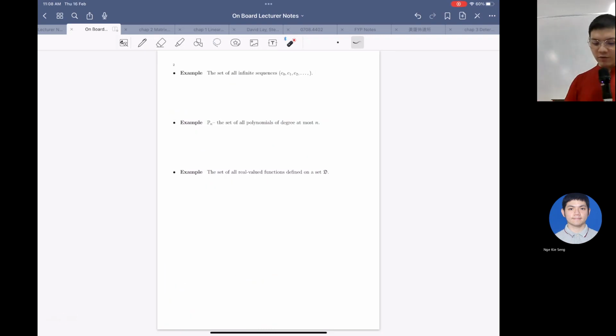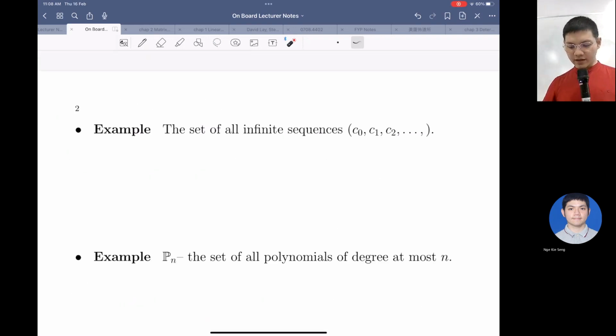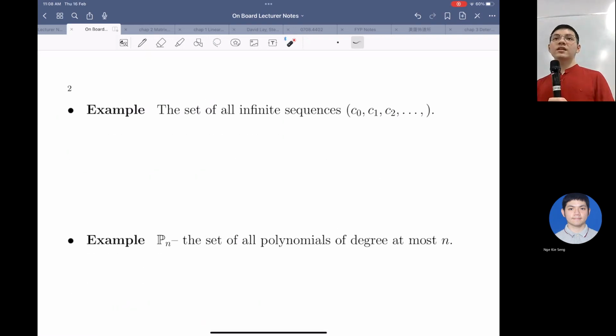So what are other examples? One example is the set of infinite sequences. If we want to say the set of infinite sequences is a vector space, what two operations do we need? Remember, what are the two operations we need for a vector space to hold?